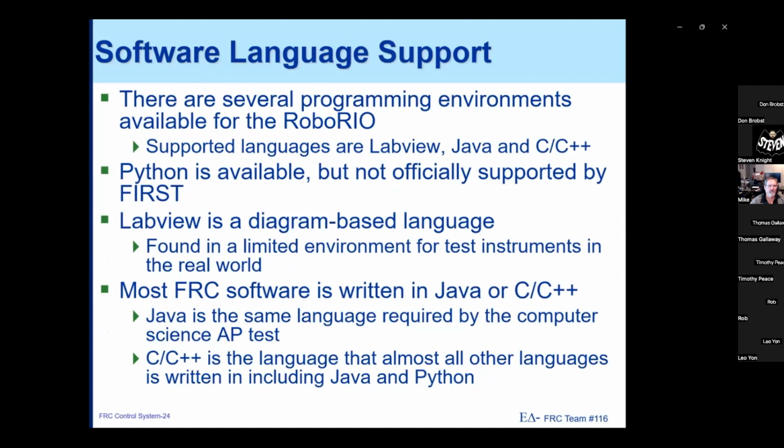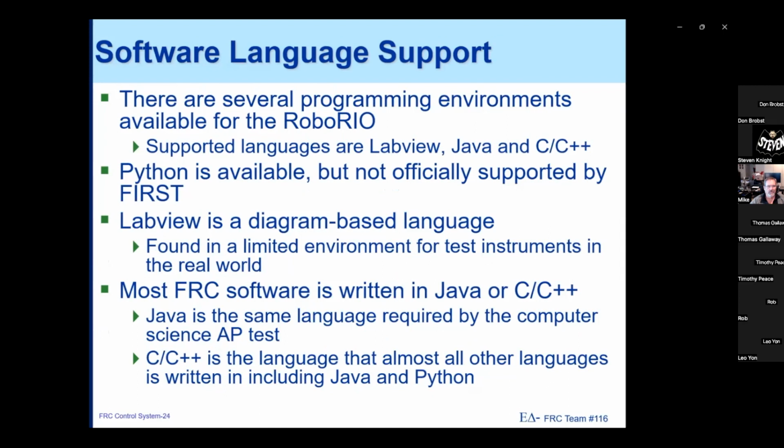From a programming perspective, there are several languages that are supported on the RoboRio. Some of them are officially supported by FIRST, and some are supported by the user community. So the programming environments that are available for the RoboRio are the LabVIEW code from National Instruments. We also then have both Java and C/C++.